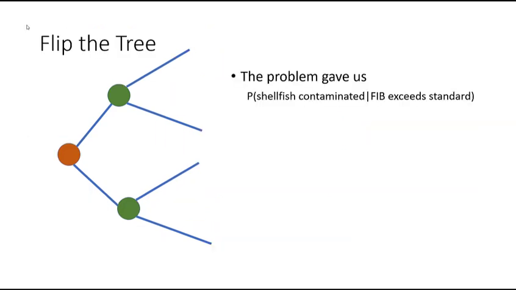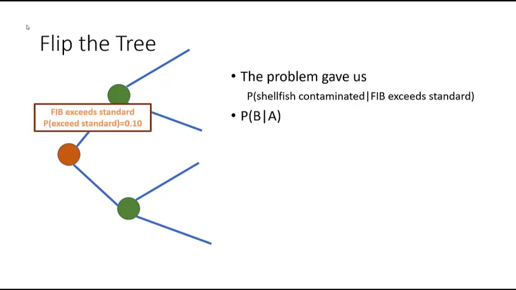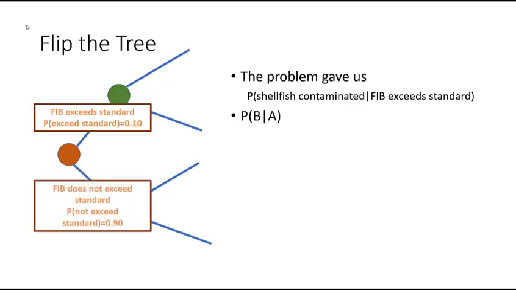So the problem gave us the probability that shellfish is contaminated given FIB exceeds the standard. We can think of this as the probability of B given A, seen there on the probability tree, 0.1 and 0.9.